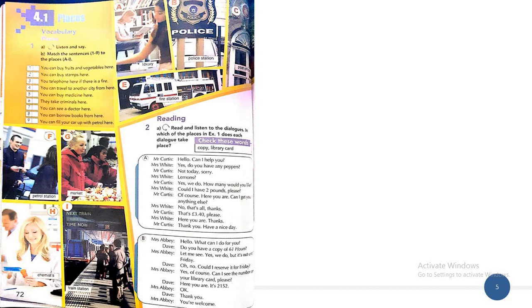Before that, the main topic is places. The vocabulary of the day will be about the names of places. Good. So look at the pictures, please.